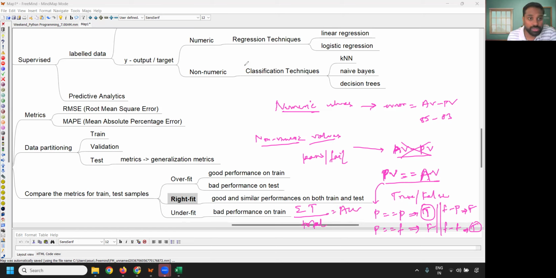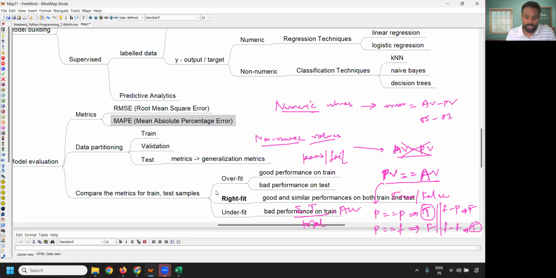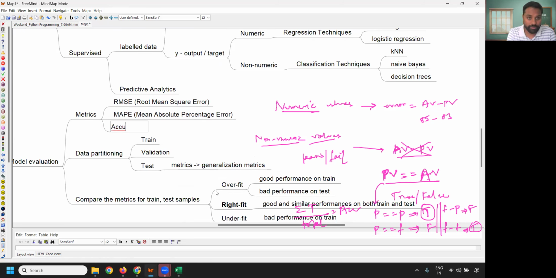So we use accuracy metrics as well, which is nothing but the sum of true values by total values.